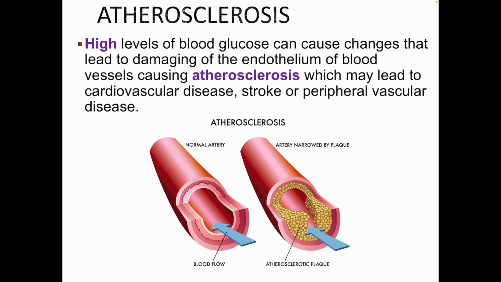That then increases the rate at which atherosclerosis takes place. We learned previously that atherosclerosis starts to happen after damage to the endothelium. So high blood glucose levels cause damage to the endothelium and cause the cholesterol to accumulate under the endothelium, leading to cardiovascular disease, strokes, heart attacks, etc.